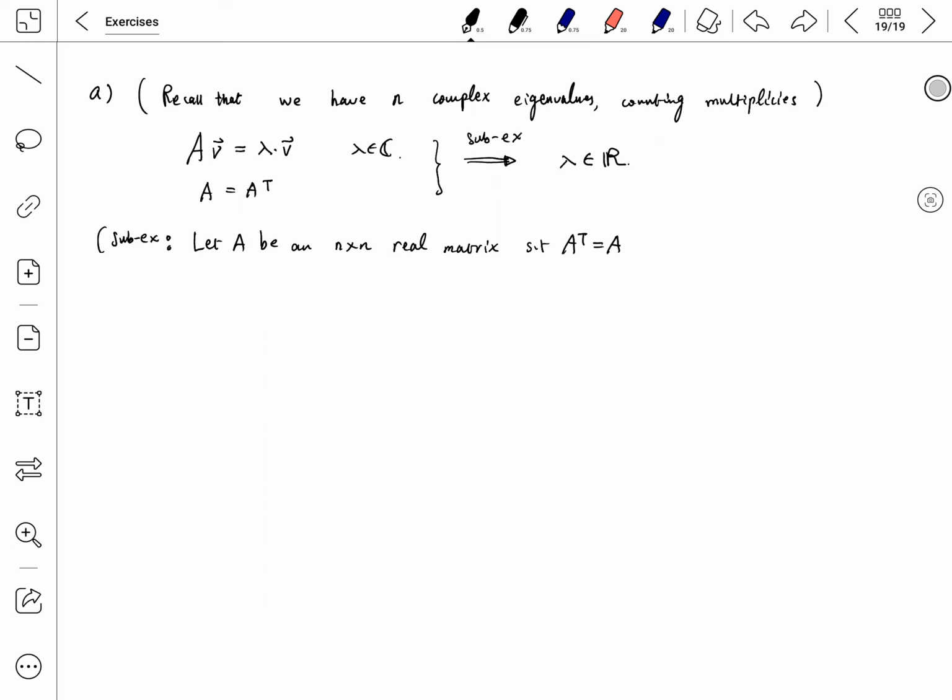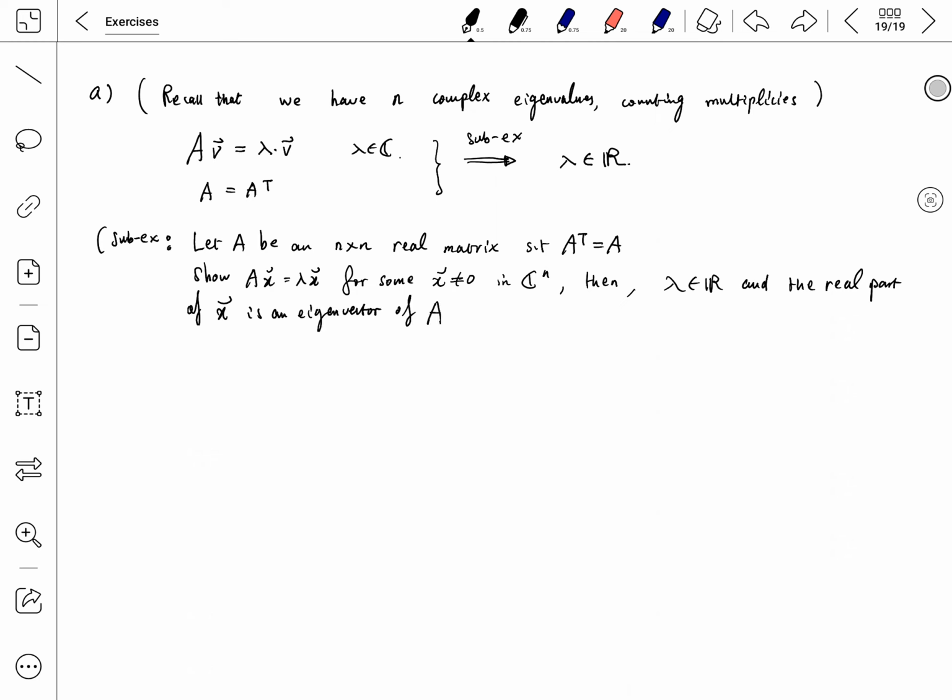Show that if Ax equals lambda x for some nonzero vector x with complex entries, then lambda is real and the real part of x is an eigenvector of A. So this is what we want, right?